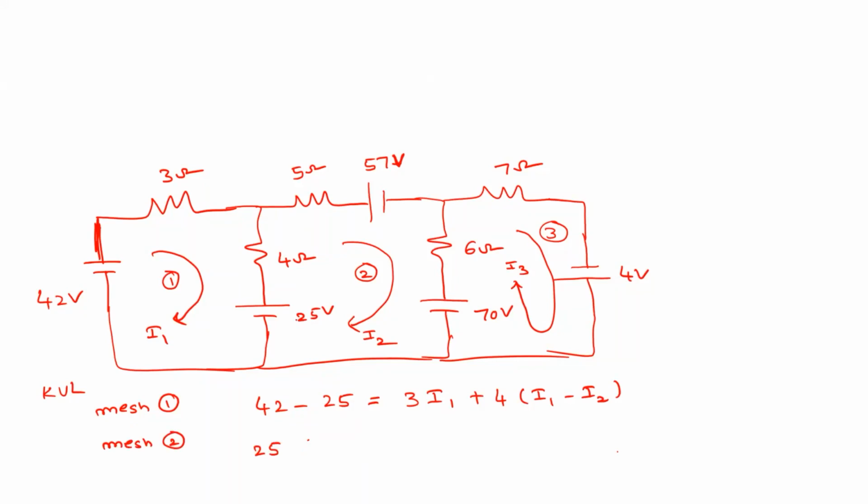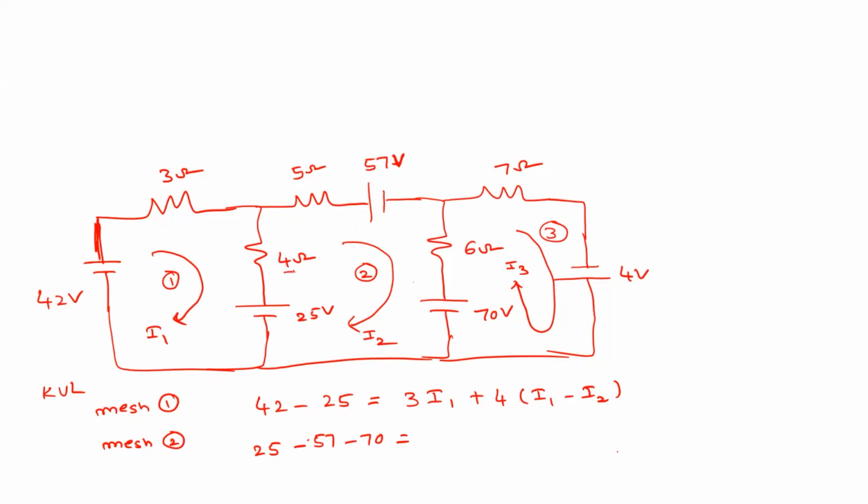This is 25, minus 57, because the current is flowing in this direction. Minus 57, minus 70. This is equal to.